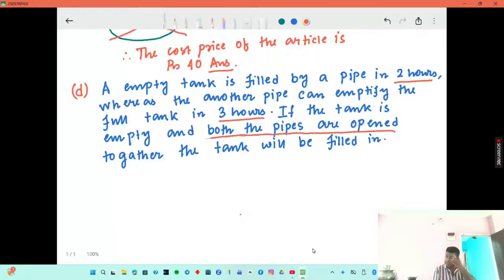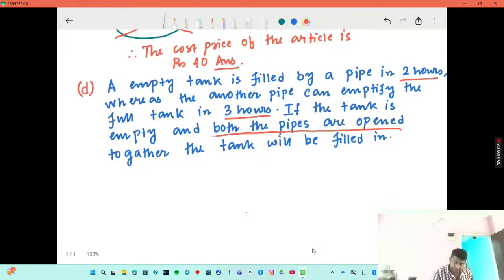So here in this question we can see that pipe A can fill the tank in 2 hours.